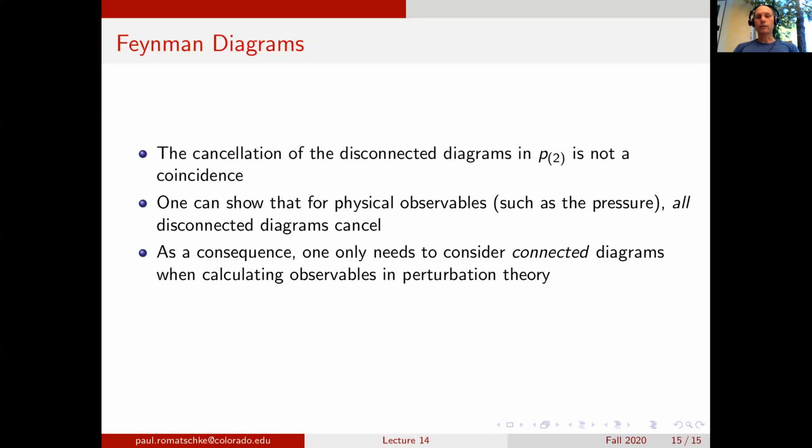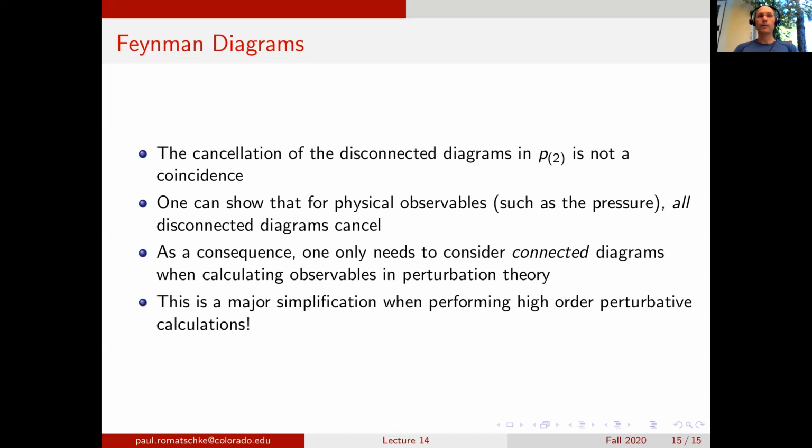Essentially, the simplification comes from the fact that we have this logarithm in play, and that leads to the fact that the physical observables can be expressed as just an expansion of connected diagrams when we calculate in perturbation theory.